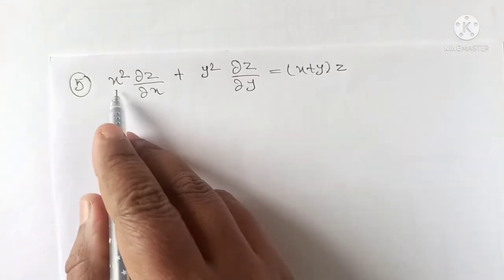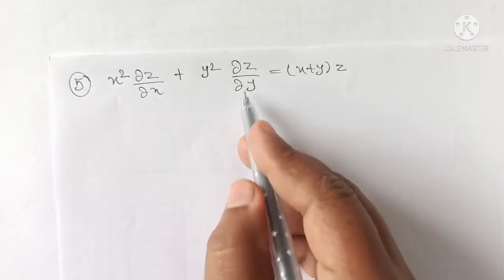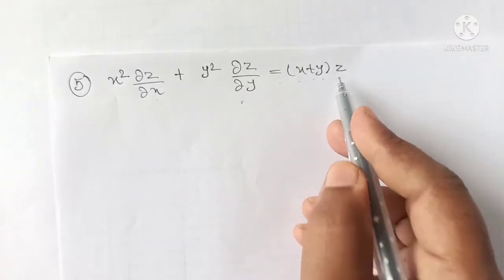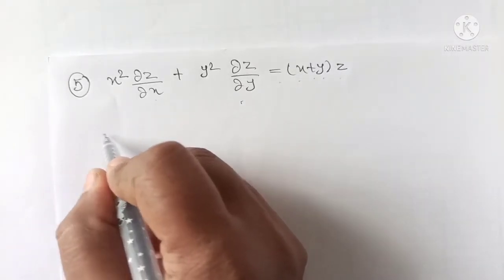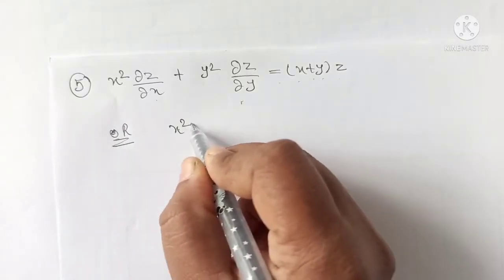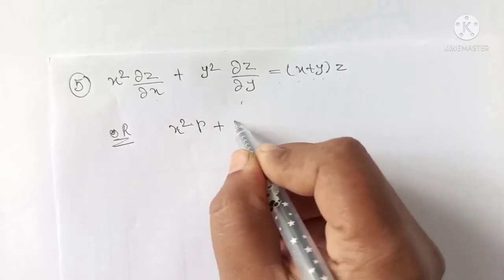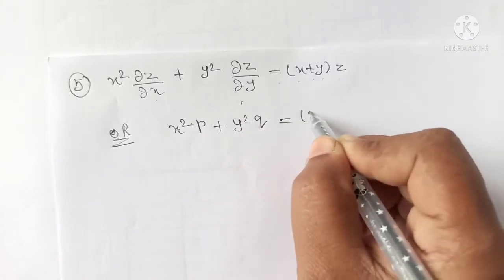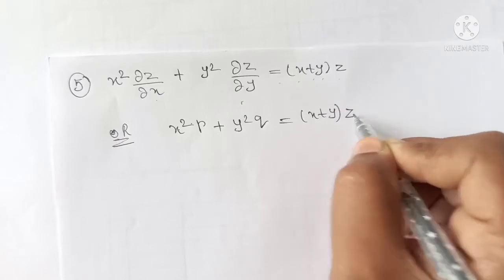Next problem: x square dou z by dou x plus y square dou z by dou y equals x plus y into z. Even in the exam they may give it as x square p plus y square q equals x plus y into z.